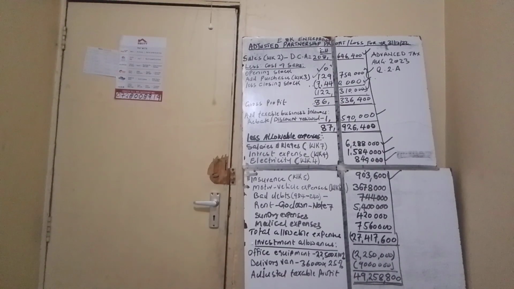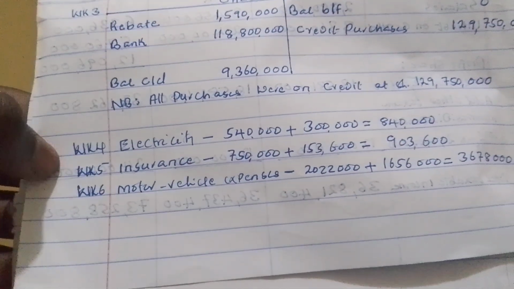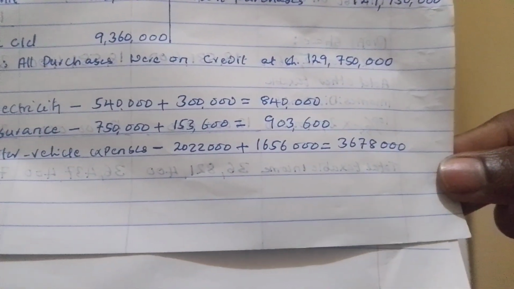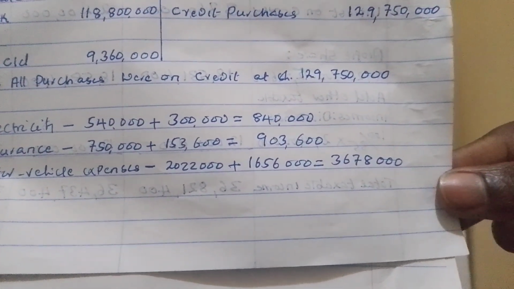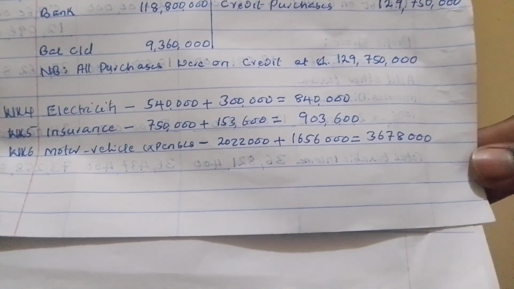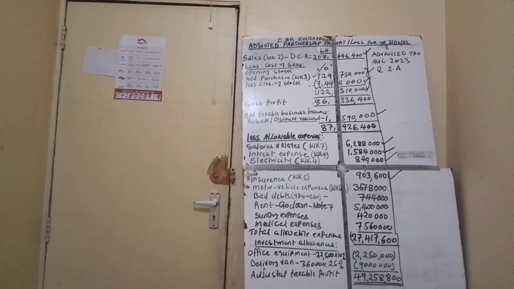It is just addition, just combine because it is accruals. You can see 4 and 5. Electricity and insurance, you just combine what is in the bank statement plus the amount which was accruing. The accruing figures are given somewhere.